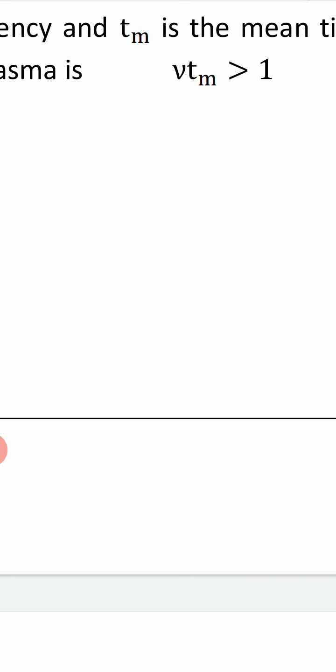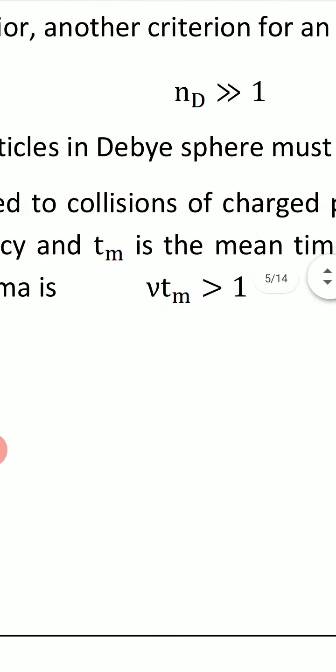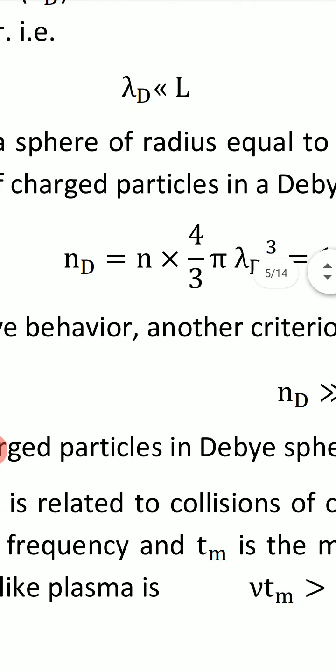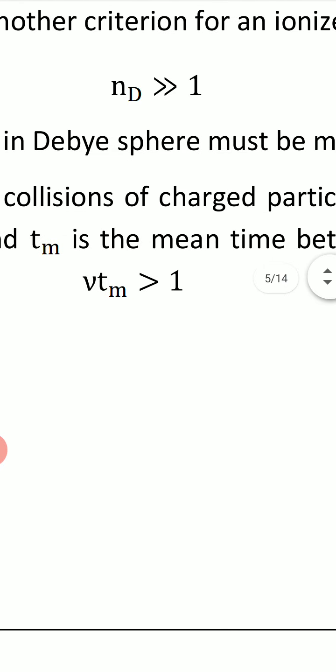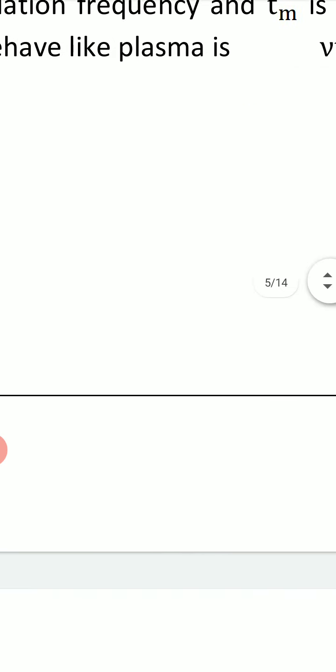Tm is the mean time between collisions, and this nu multiplied by Tm must be greater than 1. So these are the three criteria for an ionized gas to be a plasma: lambda d much less than L, Nd much greater than 1, and nu Tm greater than 1.